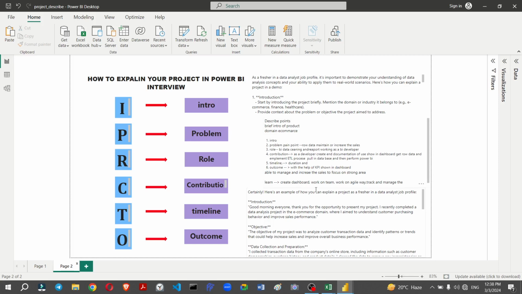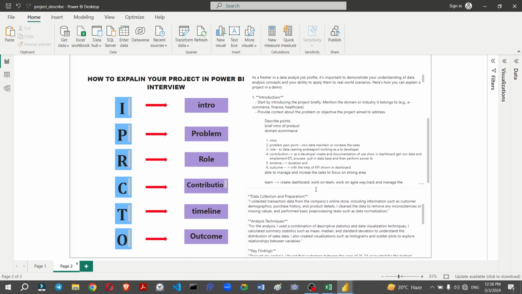And how can you describe this point? Collect the transaction data from the company's online store, including information such as customer demographics, purchase history, and product details, and clean the data. Use data normalization and missing value imputation. After that, we have the analysis part.